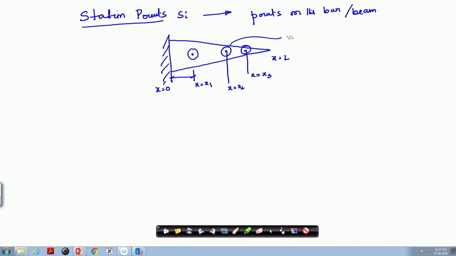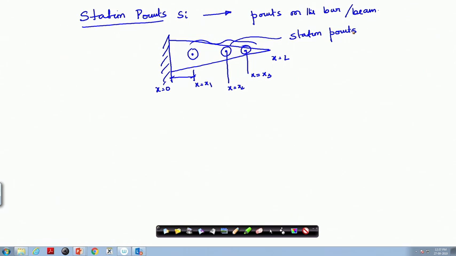So, these are all my station points. What is the significance of station points? We will talk about that later. Right now let us just understand what station points are. Station points are just arbitrary points on the beam or bar that we are trying to analyze.